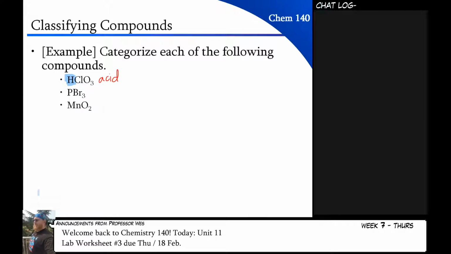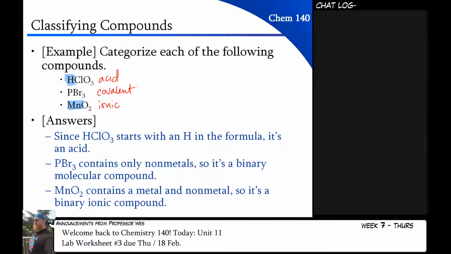Then for the second one, I'm just going to go looking for metals. Because metals would indicate ionic, right? Well, manganese is a metal. And then finally, if I look at this last one, it's all non-metals. So this must be covalent. Easy enough. We can do that, no problem.